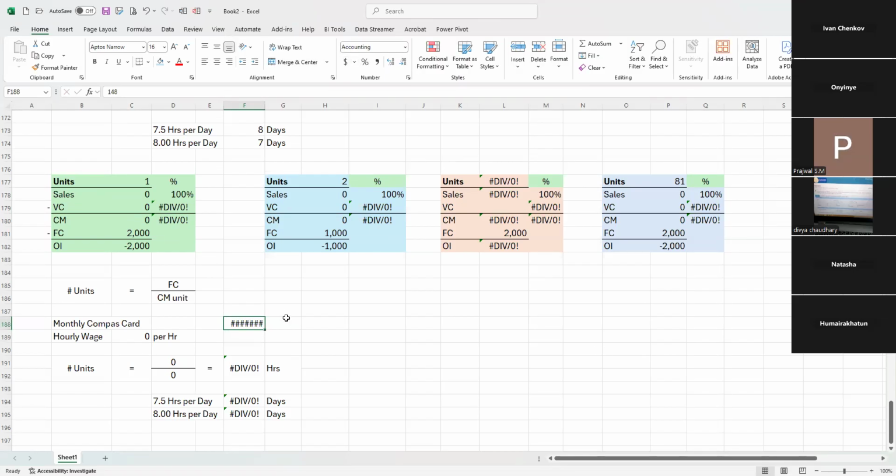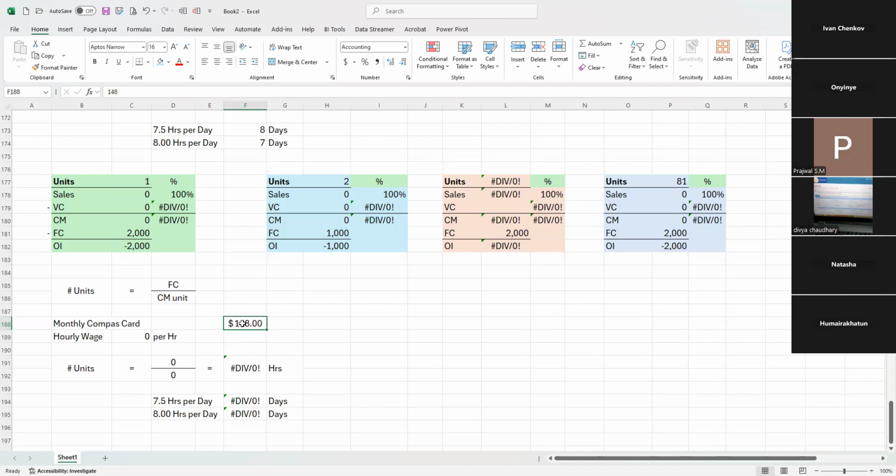Now the question is, watch me here carefully. How many times do you need to ride the SkyTrain in order to cover your cost? We have to find out how much is the per trip single price, if we're paying for a single ticket for 2 zones. Make sense?